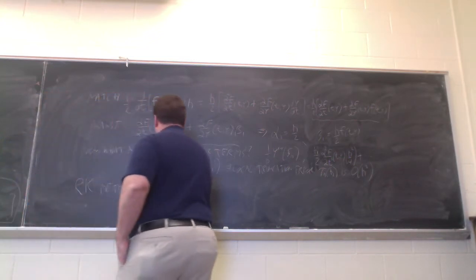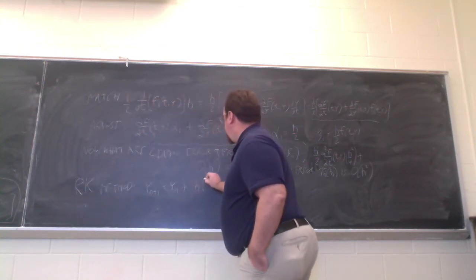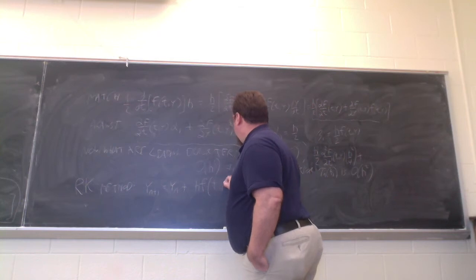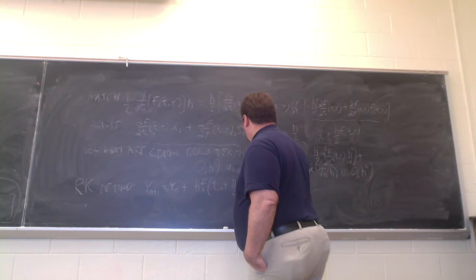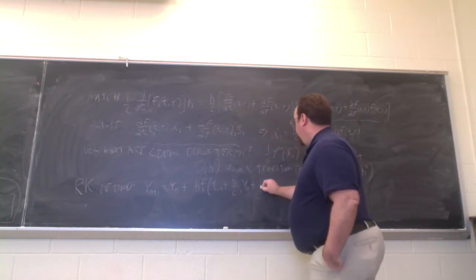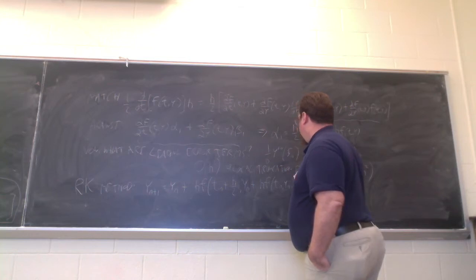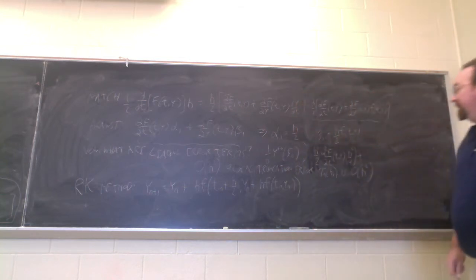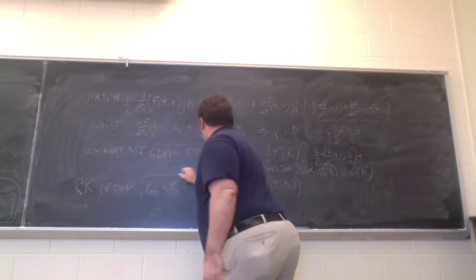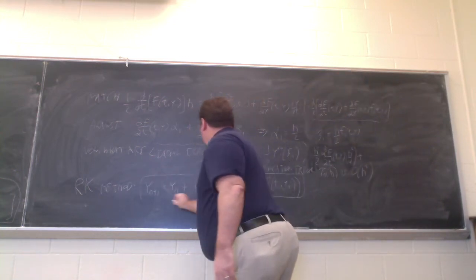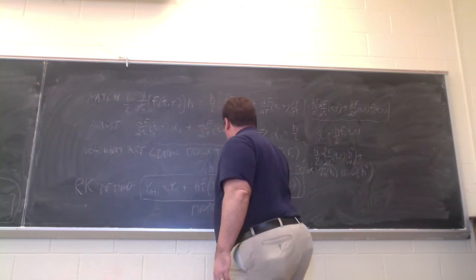Y n plus 1 is equal to Y n plus h f of T n plus h over 2, and then Y n plus h f of T n, Y n. So that's the actual method. And this is called the midpoint method.